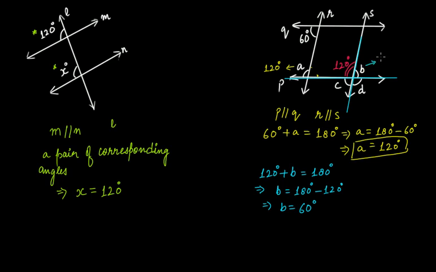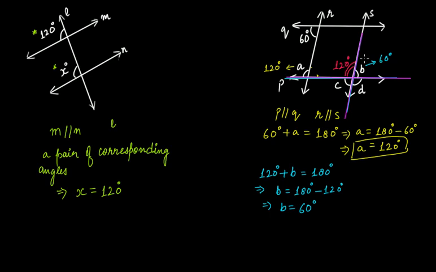Let me write it here. B is 60 degree. Now focus on this line, and again this line, because now we have to find the value of C. So if you look here, this B is now 60 degree.